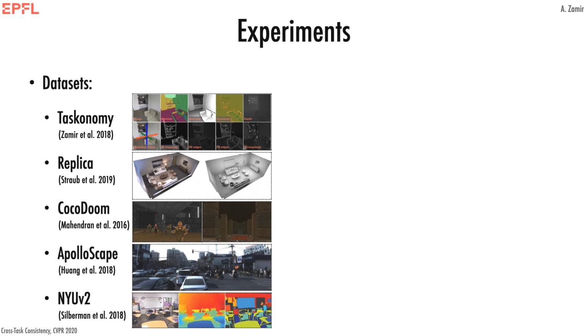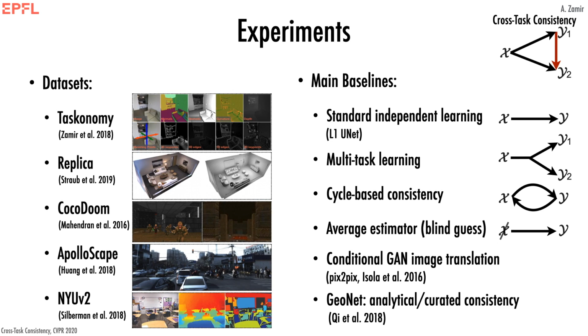So this is really interesting because it shows that you can use this idea for single task learning as well, not just multitask learning. So we did the experiments on a number of data sets, and we have a number of baselines too. Most importantly, we have obviously standard independent learning and multitask learning. A standard multitask learning basically uses a shared encoder for multiple output predictions. We showed that that's not actually sufficient for getting cross-task consistent predictions.